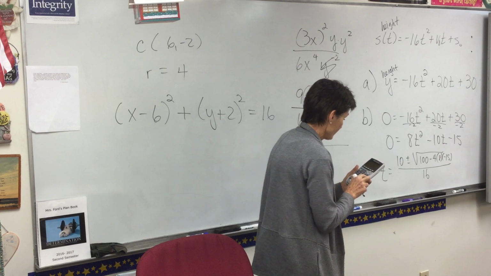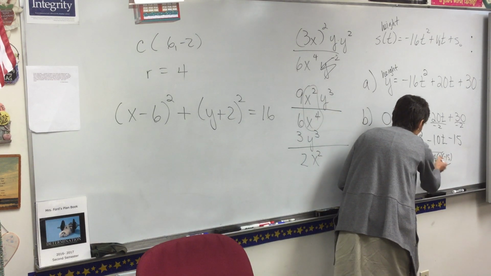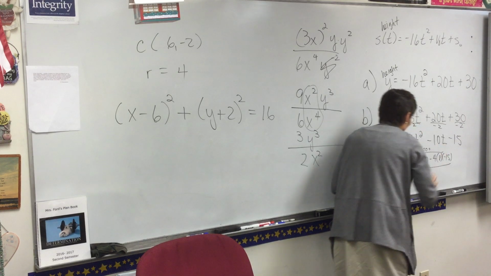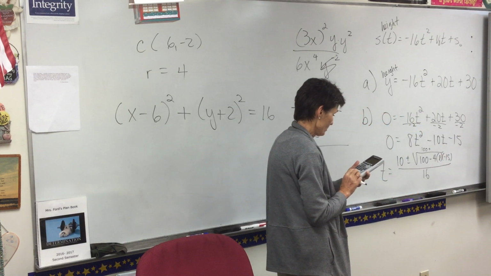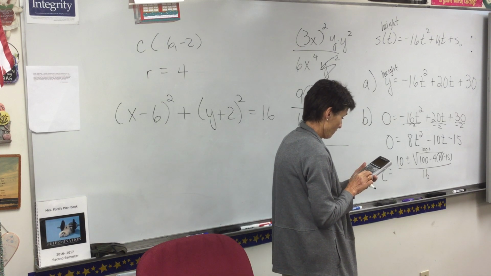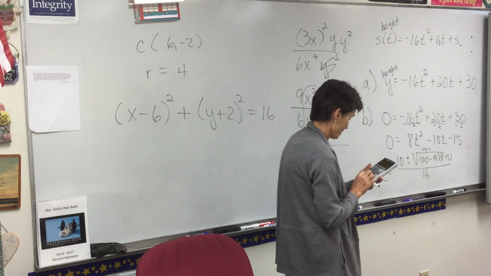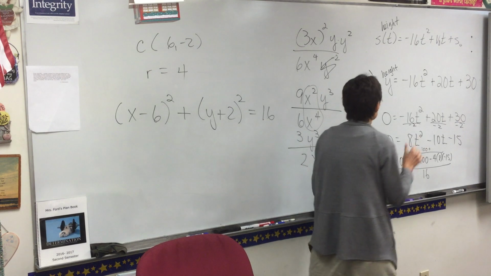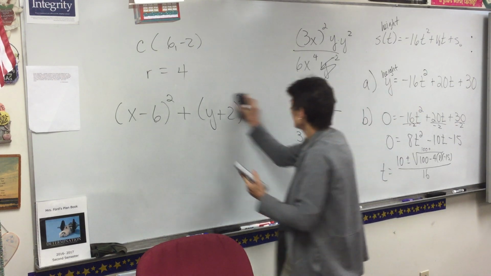What have I got there? That's going to become a plus, right? Yeah. I got 580. So that's going to be 100 plus 4 times 8. 580. I got 580. Is that what you got? Yep.